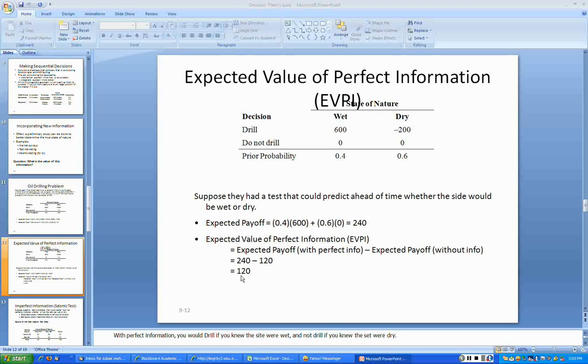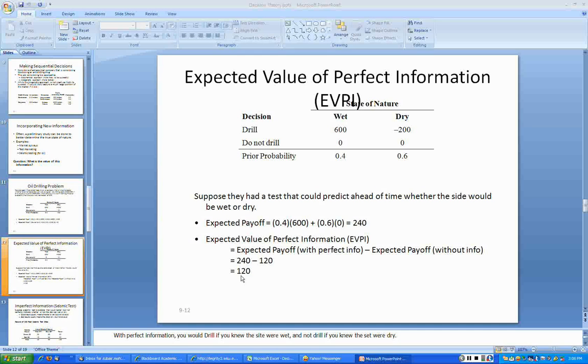Now here in this case, we can do a seismic survey to find out the probability of striking the ground being wet, or the oil fields being wet or dry, with a little more accuracy than historical information. But that's going to cost us money.